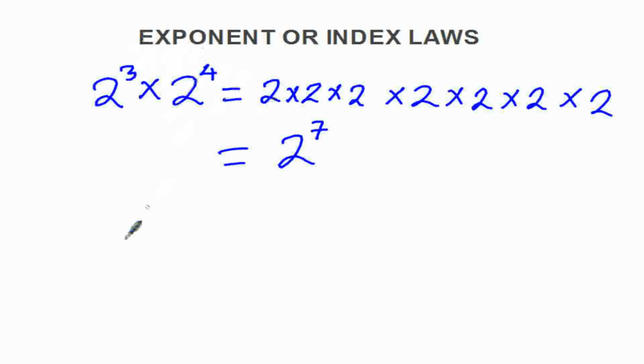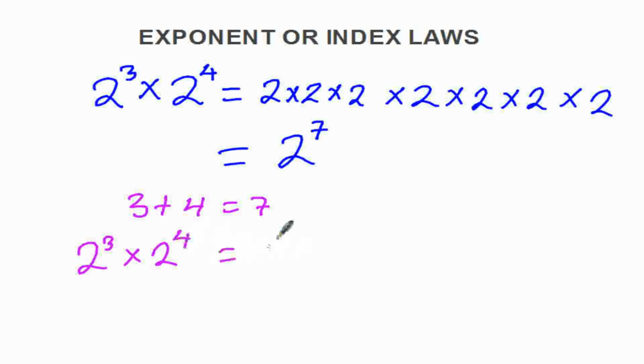But still, when you look at this number, when you add 3 plus 4, it gives you what? 7. So again we can say 2 power 3 times 2 power 4 is the same as 2 power 3 plus 4, which gives us 2 power 7. So we've seen when we expand, we get 2 power 7, and even when you use the addition, we get 2 power 7.